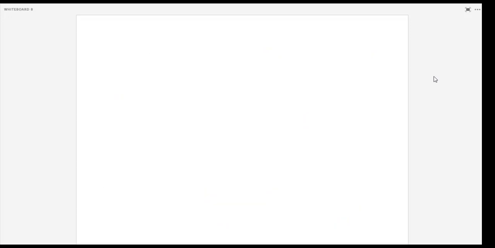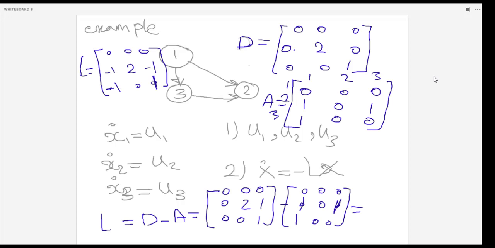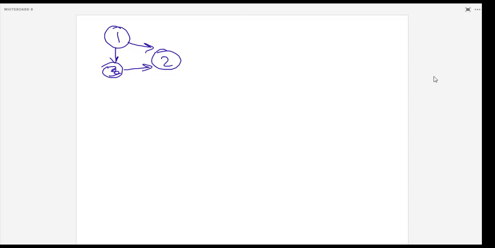Okay, the next step, I should write the graph again. 1, 2, 3. Let me check it. Okay, this is the graph. We want to design U1.